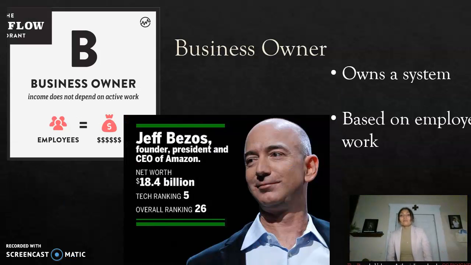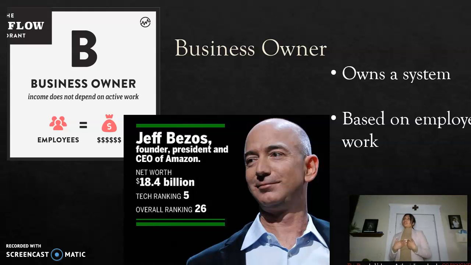Okay, so the next thing we have is obviously our business owners. Our business owners are like our CEOs and all the small business owners that there are. So, for example, here I have Mr. Jeff Bezos. He's the CEO of Amazon. So the difference between him and a surgeon is that Mr. Jeff Bezos owns a system. So owning a system is kind of like, let me put it in other terms.